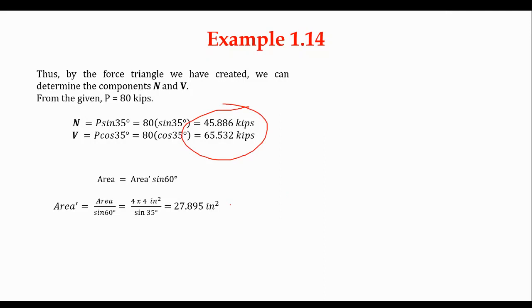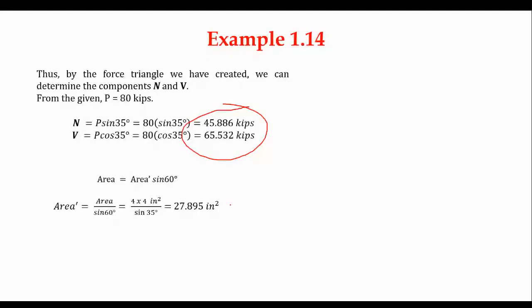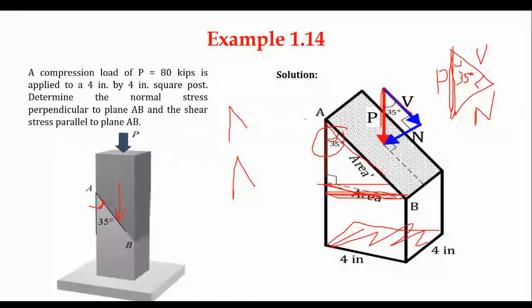How about sa area? So sa area, balik ko na to. Ano ang area? Ang gigiven na 4 inch by 4 inch, kani man na siya na area ilalom. Or kanini siya na area. Di ba? But ang ato ang gina-consider is kanang pahiwi nga plane.